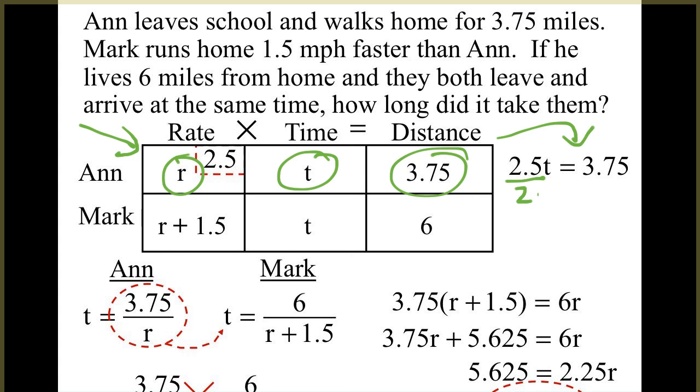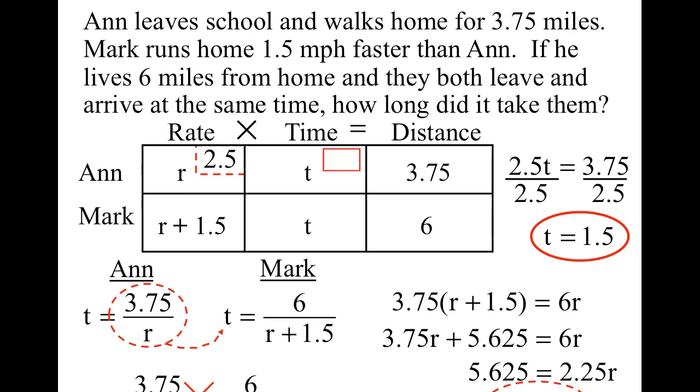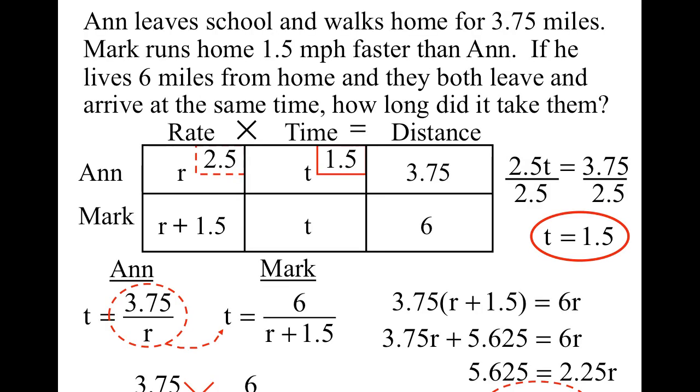Substitute in, divide by 2.5, and that's where we get the time is 1.5 hours. So stop for a minute if you need to. What you're missing right down here is just the cross multiply, the substituting in at the bottom.